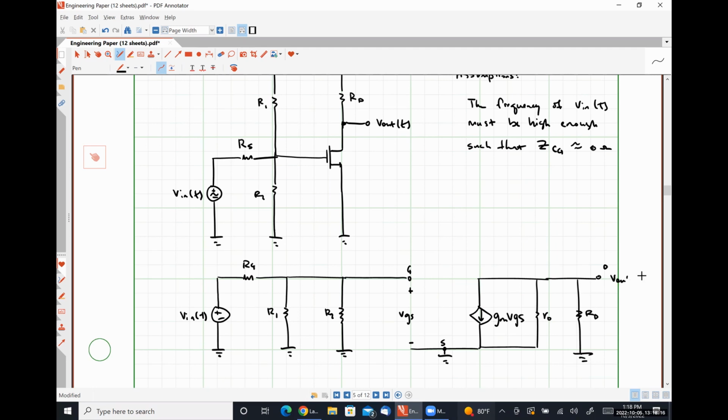This voltage here is where our output voltage is measured.